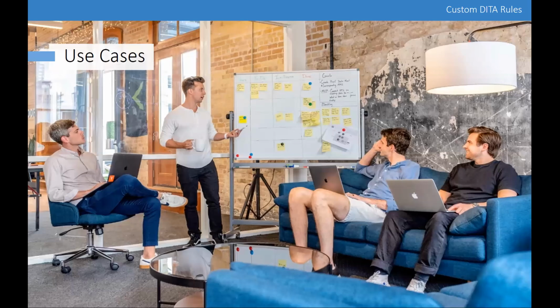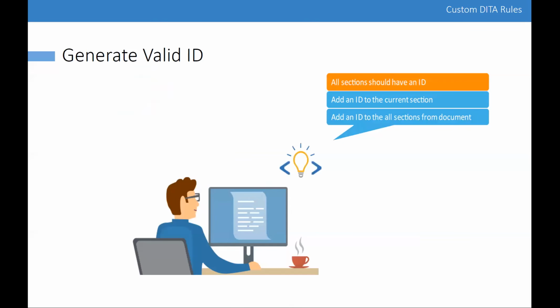Let's see some use cases where you can use Schematron quick fixes. So let's say you have some sections and you want to generate IDs for each of the sections. So you can provide some actions to the user that will say add the ID to the current section and generate an ID in a specific format.